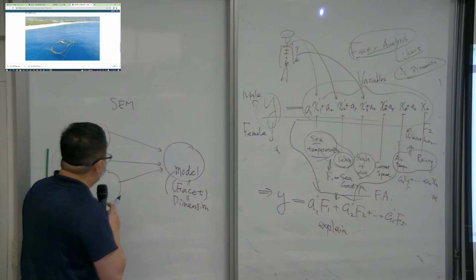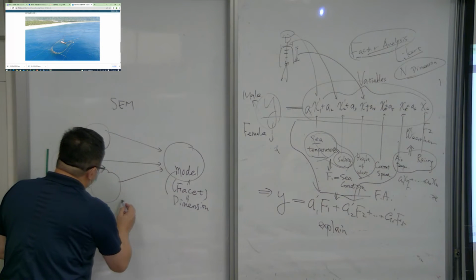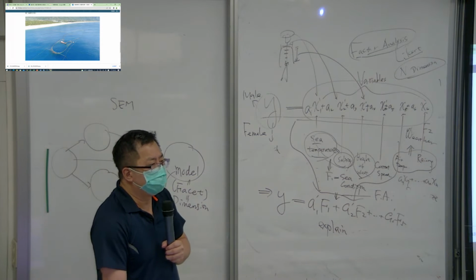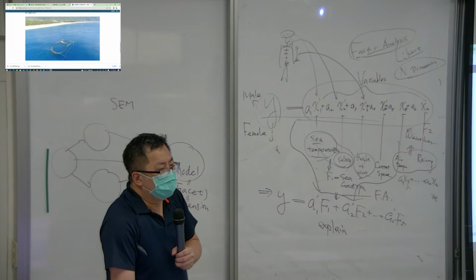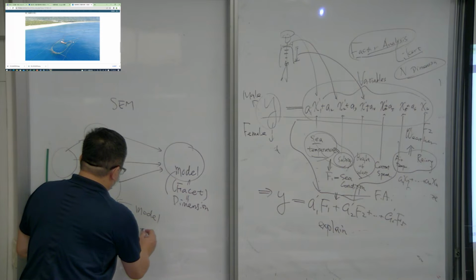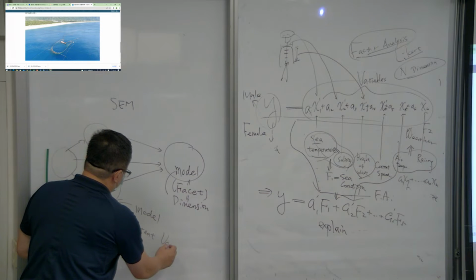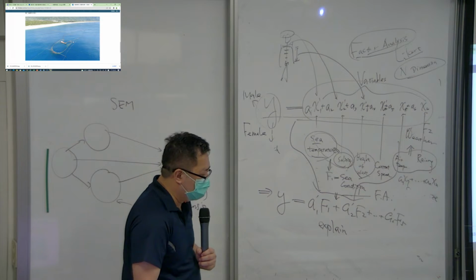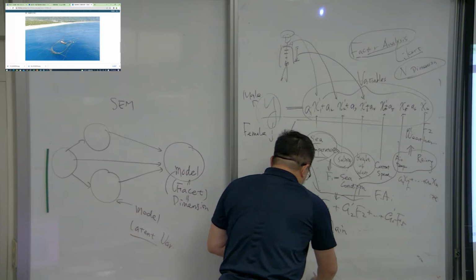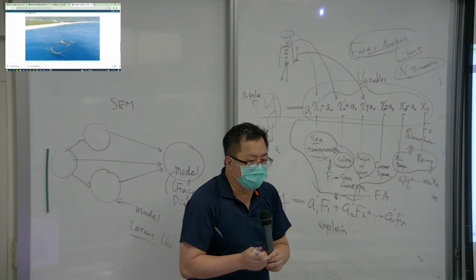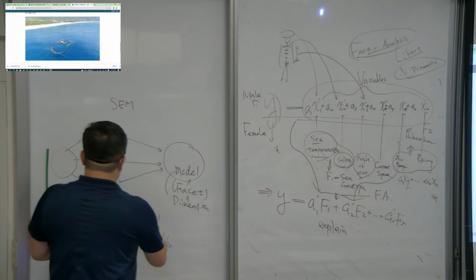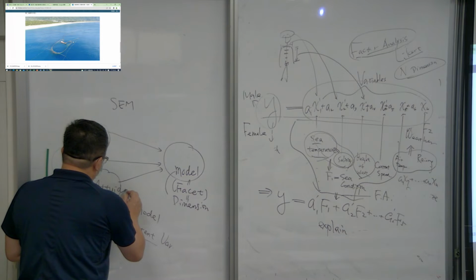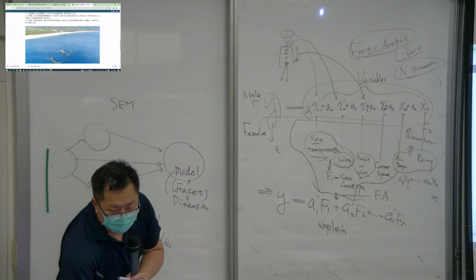But what is the model? The model is a latent variable. What is latent? It's very hard to explain. For example, attitude, right? Attitude. How to do?